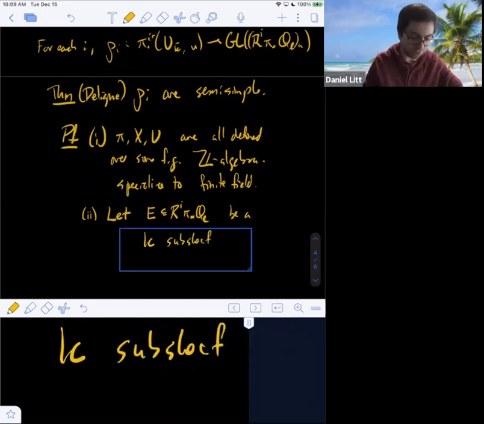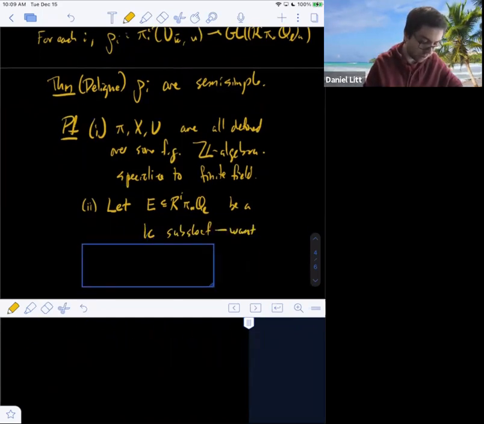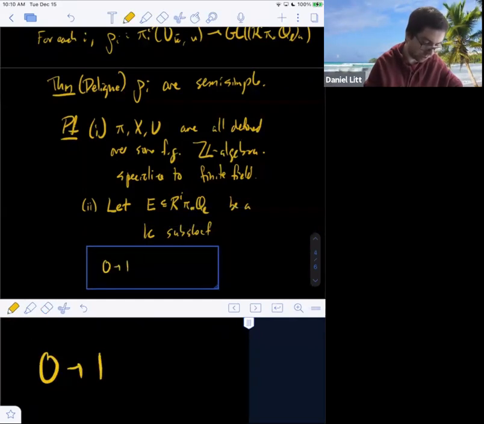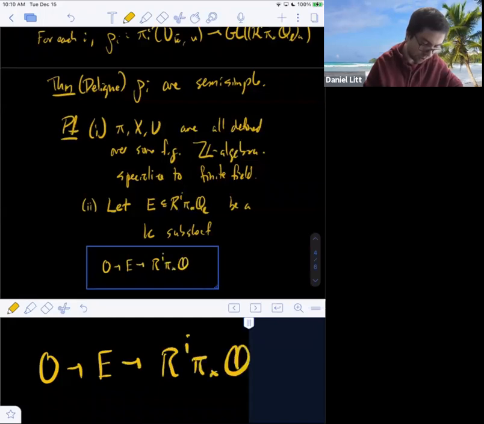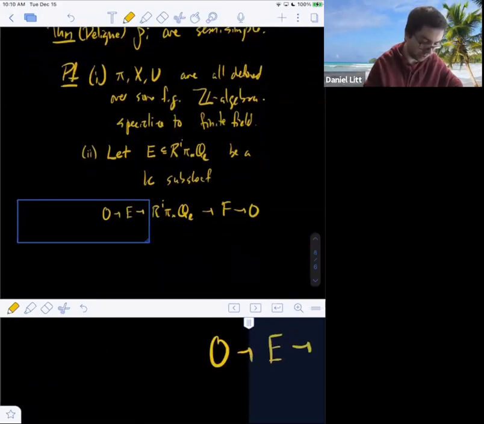And we want to show it has a complement. So we get an extension. In other words, we get an extension 0 to E to R^i pi_* Q_l to the quotient, which I'll just call F, to 0. We want this to split.